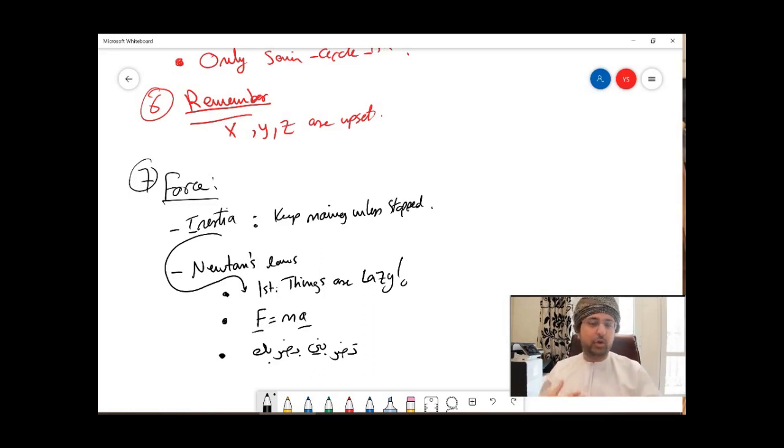This is like when you were little, you have a fight with someone and you tell them, if you hit me, I will hit you back. If you hit me harder, I will hit you even harder. But I'm not going to hit myself, so it's going to be in the opposite direction. I'm going to hit you. These are the easiest ways I personally find to remember these laws.